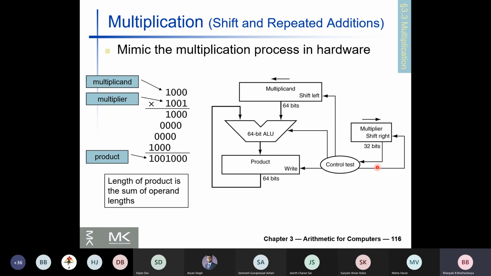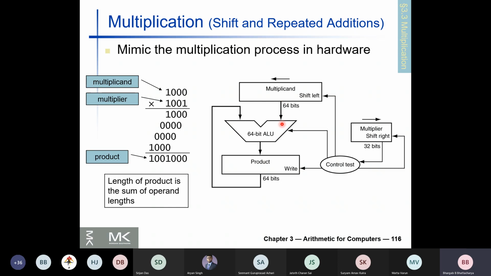And there is a controller here which checks whether the corresponding bit is 0 or 1, and depending on that, it takes appropriate action. And when 32 bits are exhausted, it gives the stop signal. So this is the ALU, which is performing this repeated addition at each step.